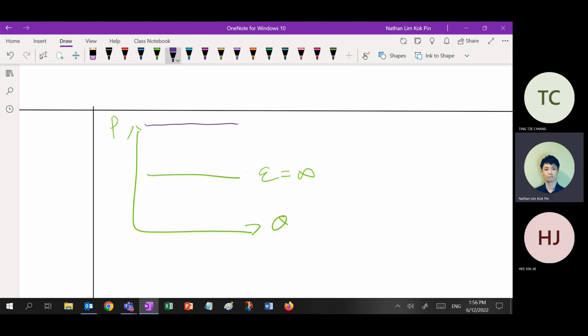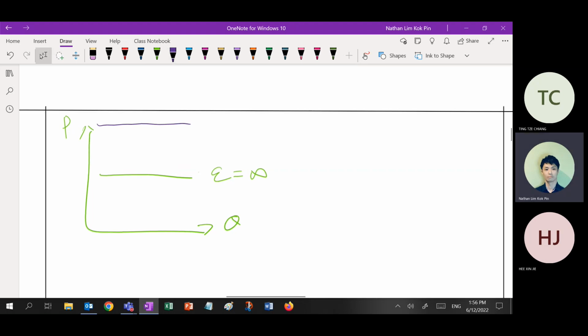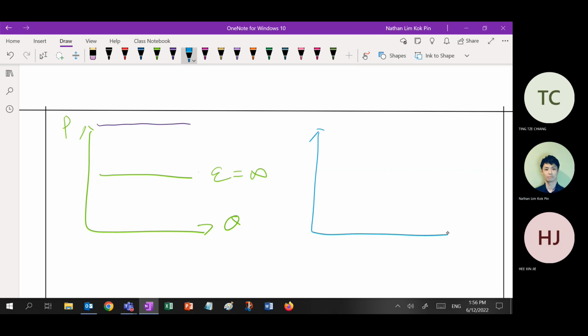Not perfect one, because normally when we test you, it's elastic and inelastic. We never test you perfect. So when you draw elastic, it will look like E, ladies and gentlemen. You don't simply draw, think how you should draw. This is your demand curve for elastic.